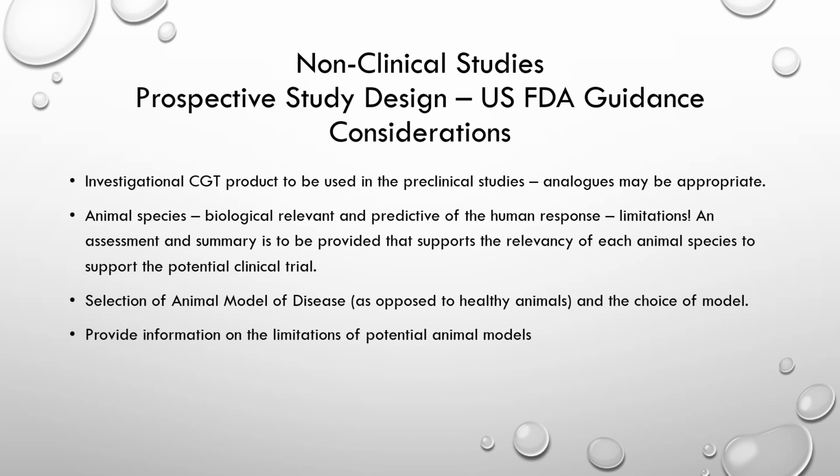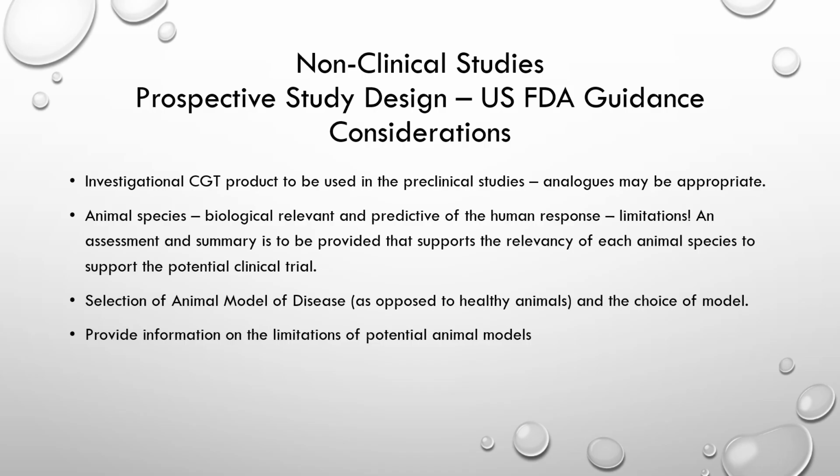So that's a requirement. I also wanted to make a point that before you do any of your definitive preclinical studies, the FDA do recommend that you conduct some in vitro studies and some in vivo pilot studies to establish the biological relevance of the specific animal species to the investigational product.